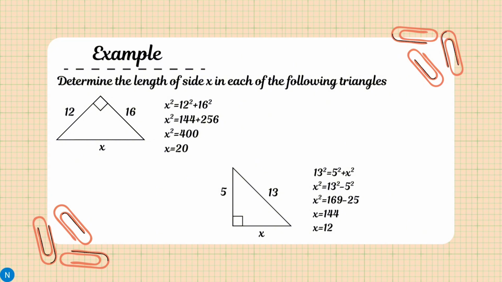Then the Pythagorean formula is 13 squared equals 5 squared plus x squared. x squared equals 13 squared minus 5 squared. x squared equals 169 minus 25. x squared equals 144. x equals 12.